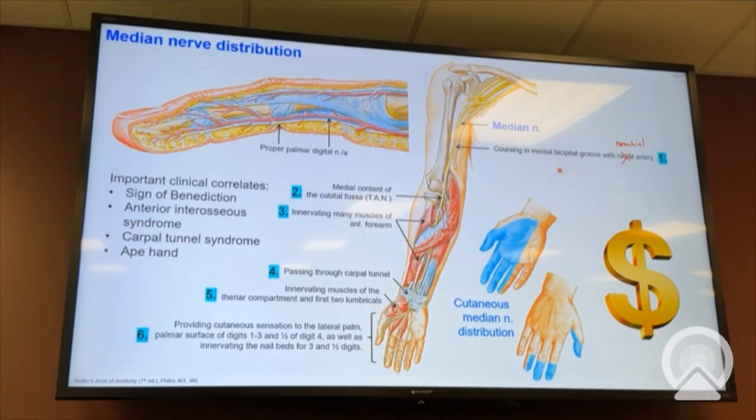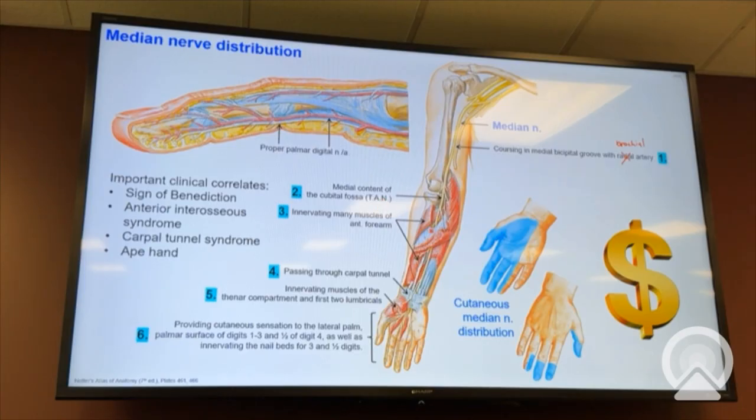So it'll travel with the brachial artery in the little bicipital groove, just behind the biceps muscle. It enters the cubital fossa, so remember the median is also a player in this TAN, T-A-N relationship, tendon, artery, nerve, so that's biceps tendon, brachial artery, median nerve.